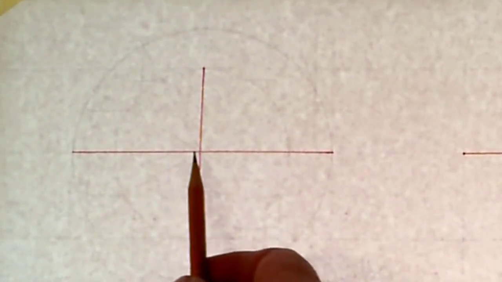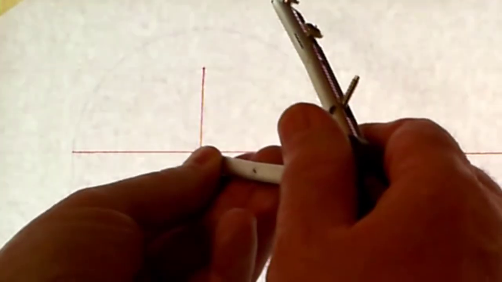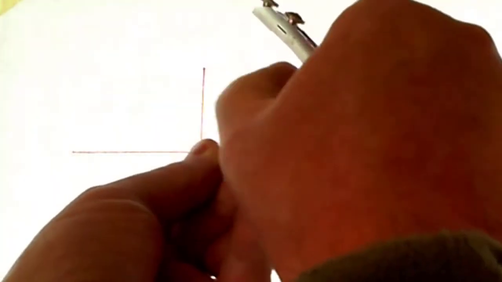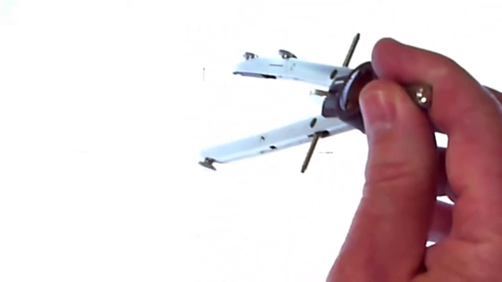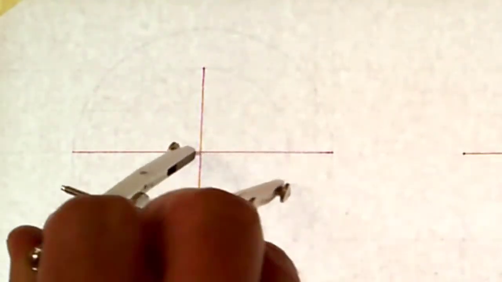I've got my springing point here, which is the intersection of the major and the minor axis. What I'm simply going to do is set my compass, first of all, for half the minor axis as a radius, and I'm going to swing that around.